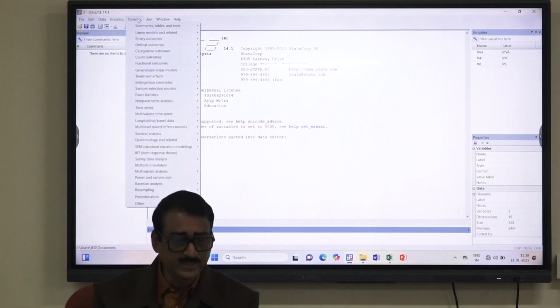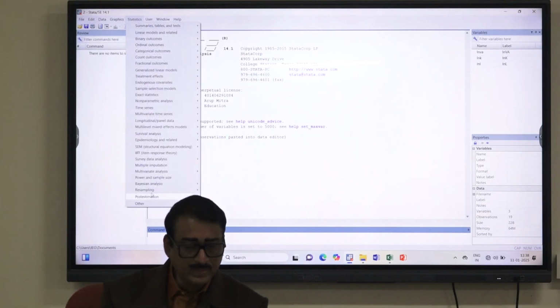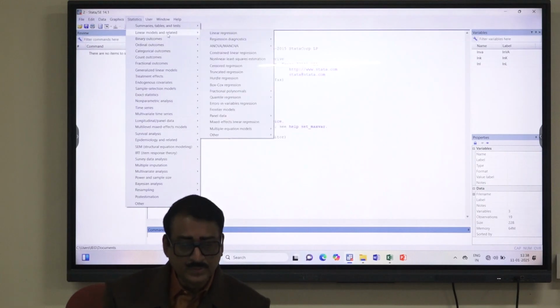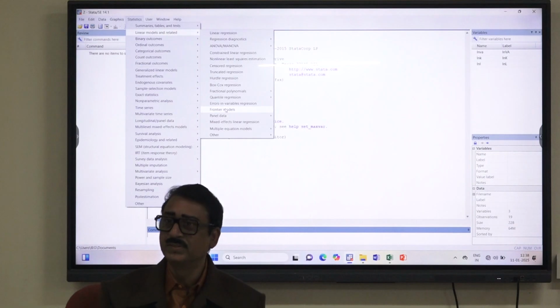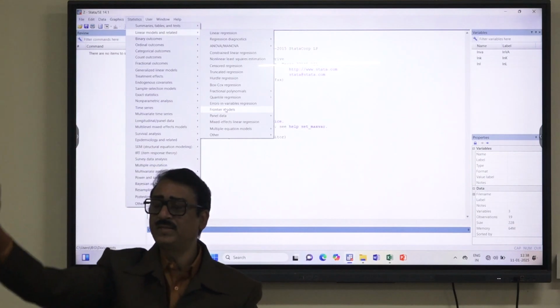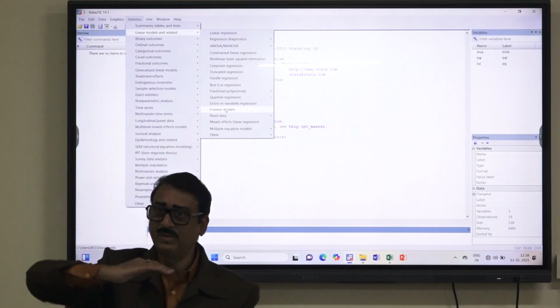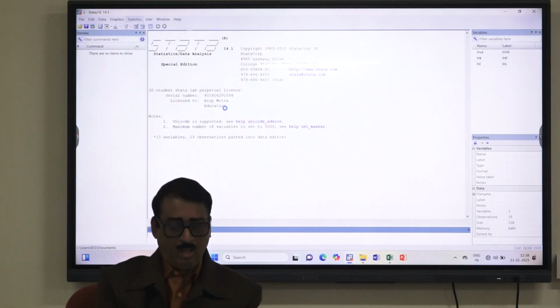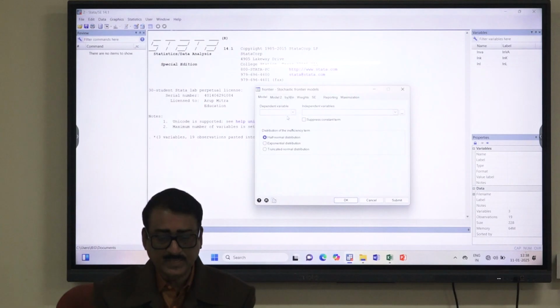So I go to statistics, and then what I do is frontier models. Frontier models would mean that there is a frontier for each level of input with the maximum output. So it is asking me what is my dependent variable. Log value added is my dependent variable.